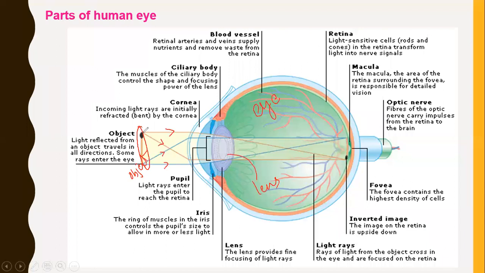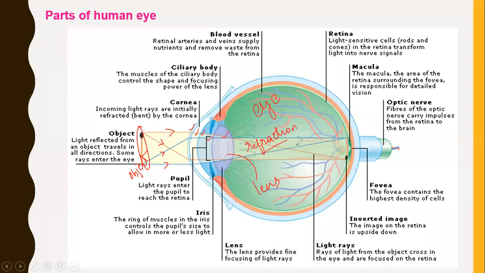The light ray from this end will enter our eye through the pupil, passing through this layer, this layer, this layer, and the pupil, and then the lens. When it passes through the lens, the light undergoes deviation. It is undergoing refraction.